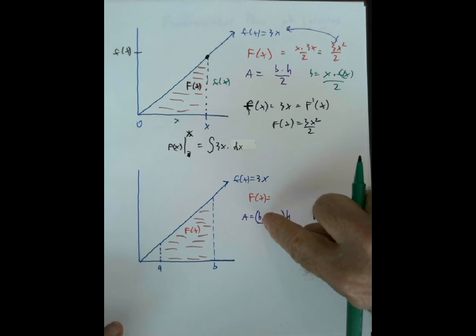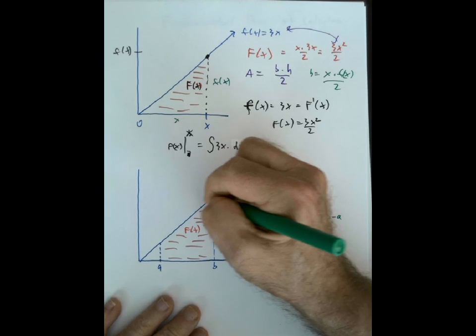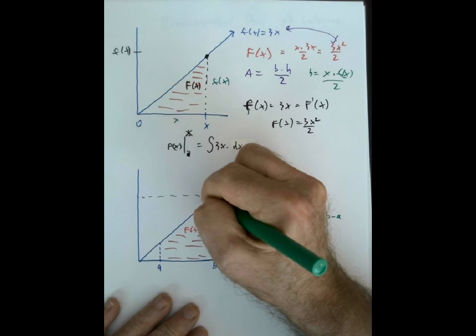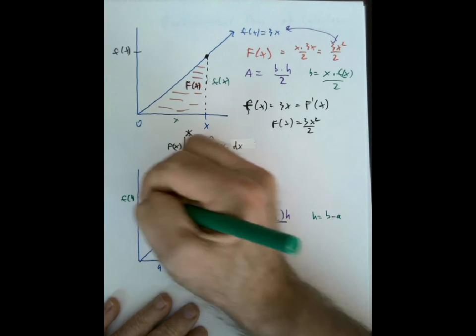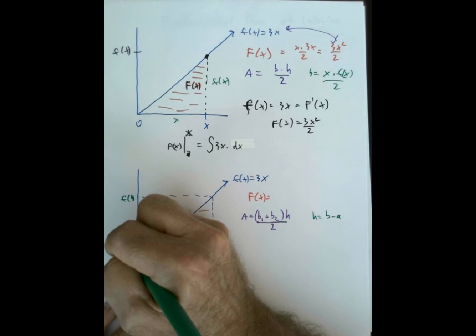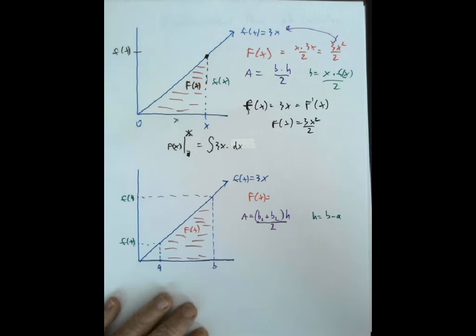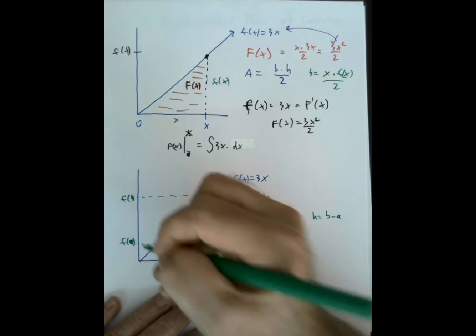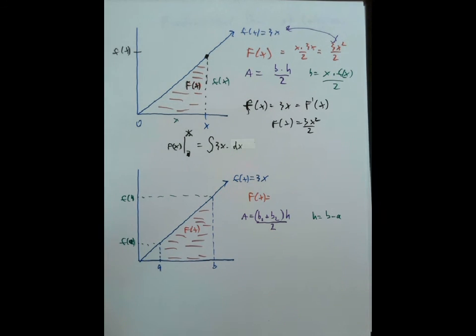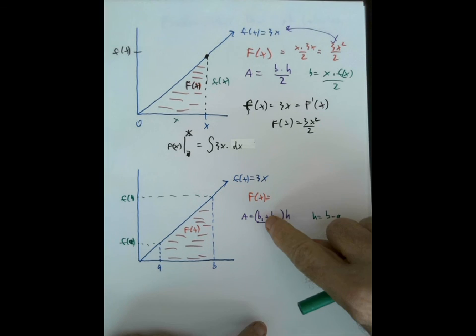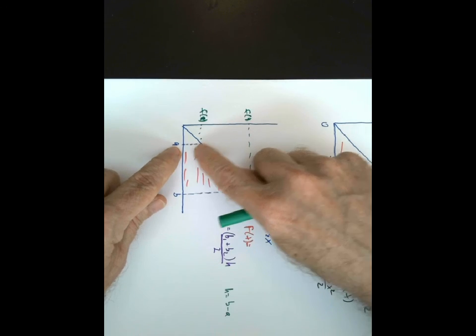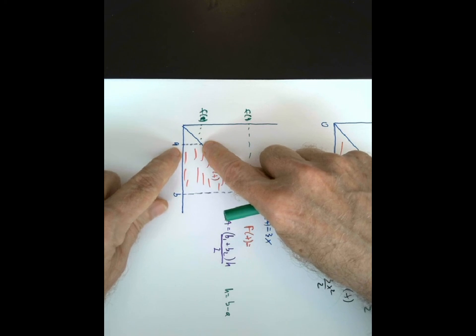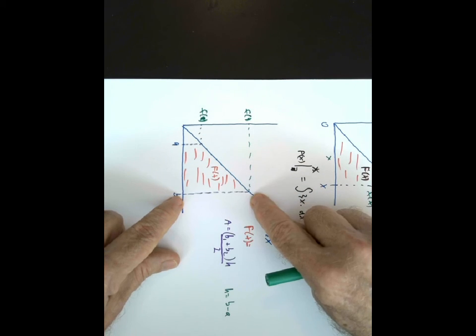Now, can you see that over here this is f of b, and this is f of a? Those are the corresponding y values. So for the bases, this base is however long f of a is, and this base is however long f of b is.